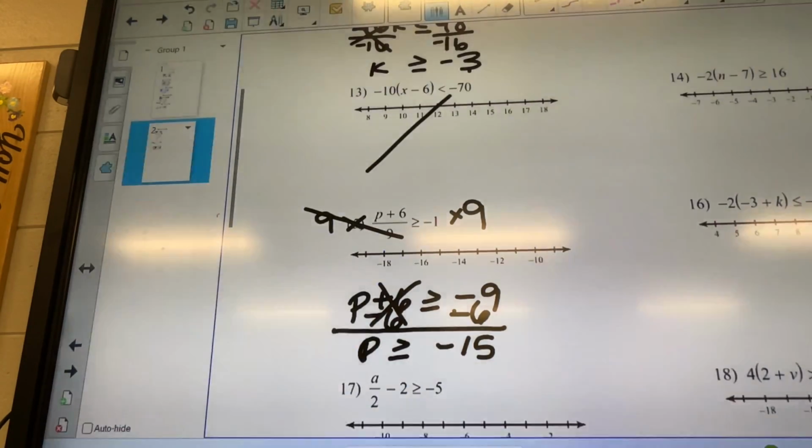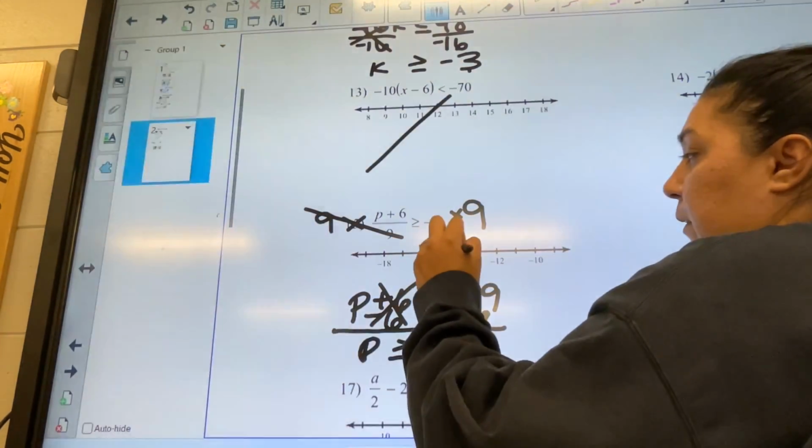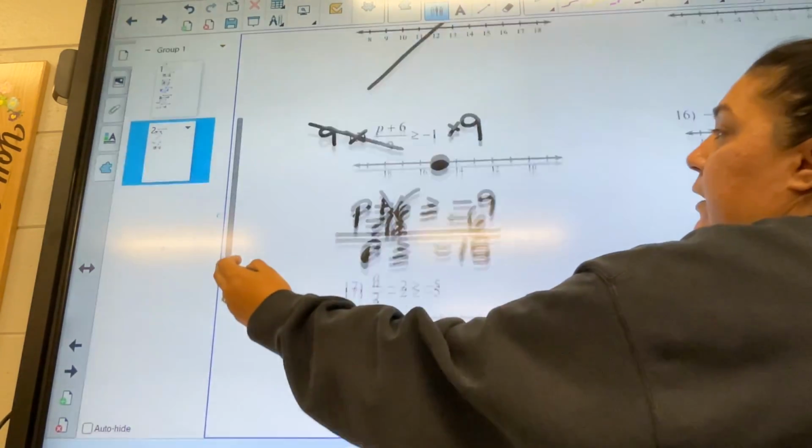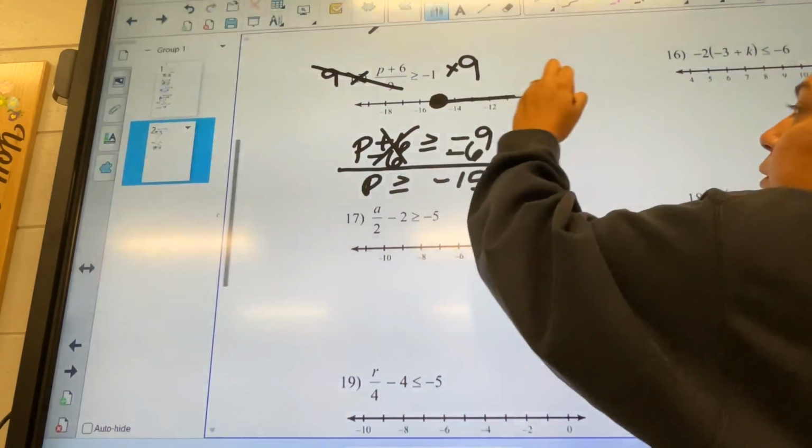Closed. Where is the 15 located? Between the 14 and the 16. So once you start going negative, it's kind of like not backwards, but you know what I'm saying? It's going to be right here. Is it going towards the left or the right? Towards the right, so it's going this way.